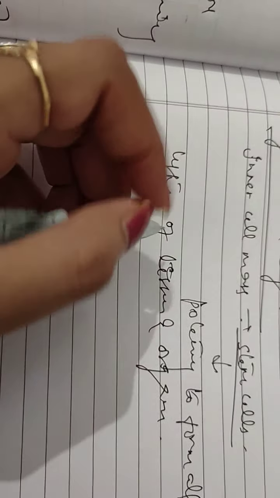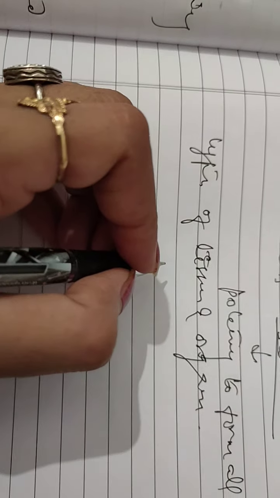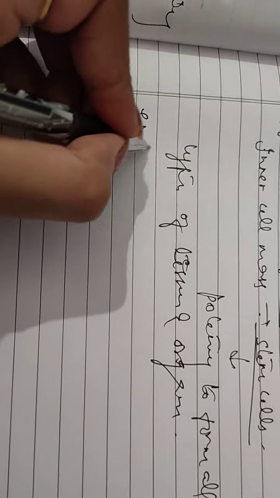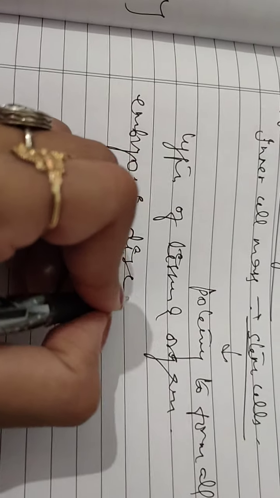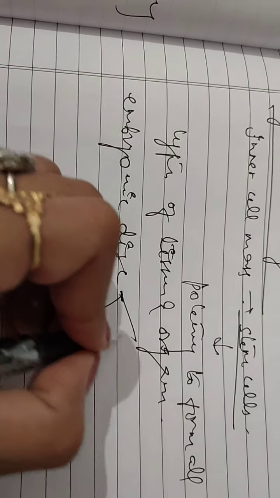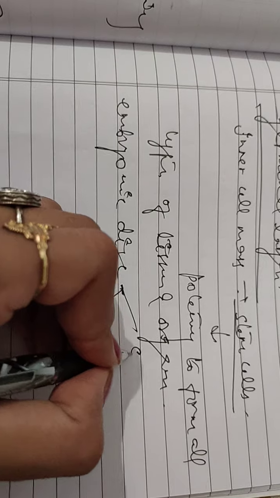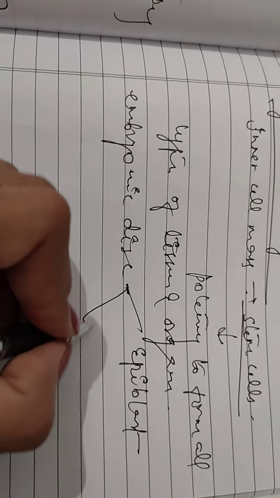Normally they get rearranged to form the embryonic disc, and then this differentiates into two layers, called epiblast and hypoblast.